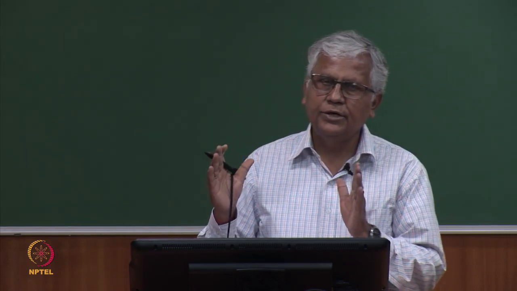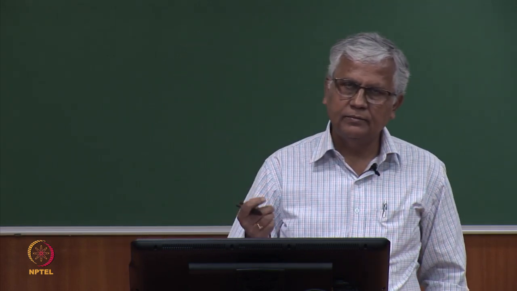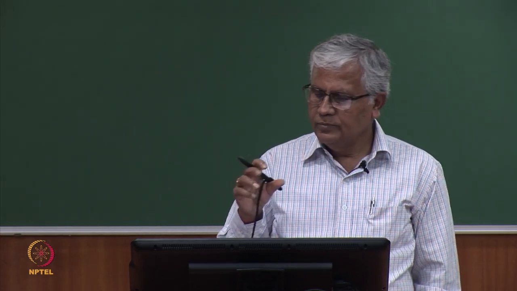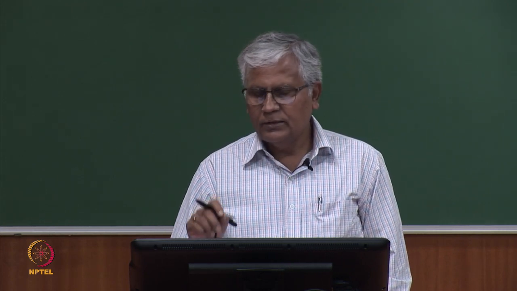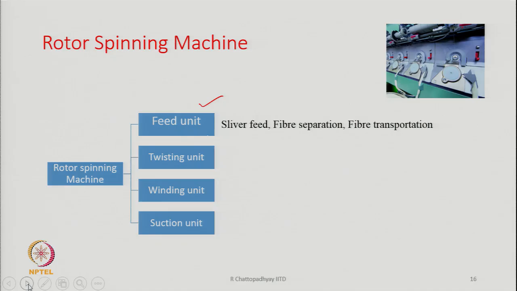This part of the feeding unit is doing this job. It is pulling the fiber, feeding it, then fibers have to be separated from each other, and then the separated fiber needs to be transported. The entire feed unit is actually doing these jobs.